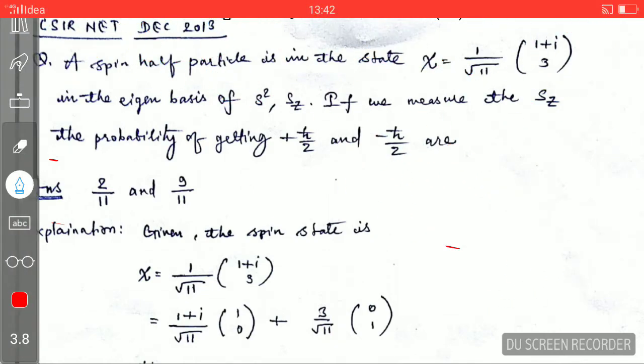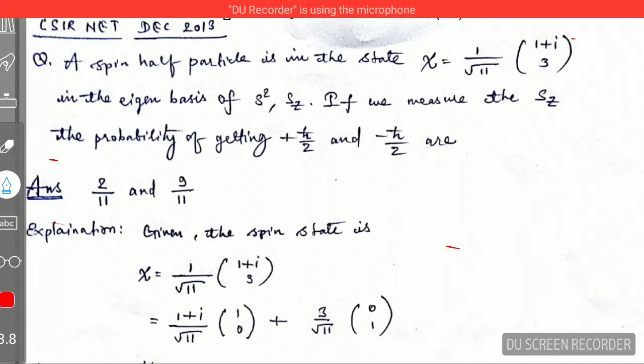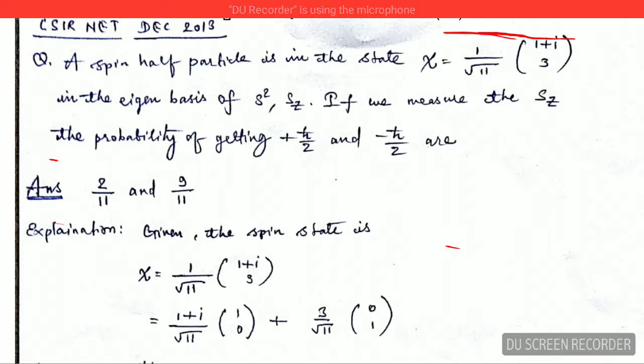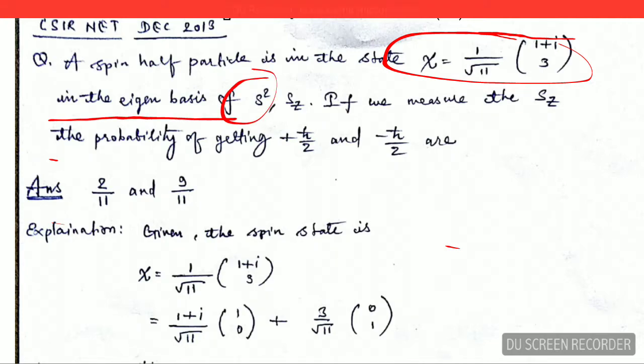In the question it was given that this spin state is in the basis of S squared and Sz.